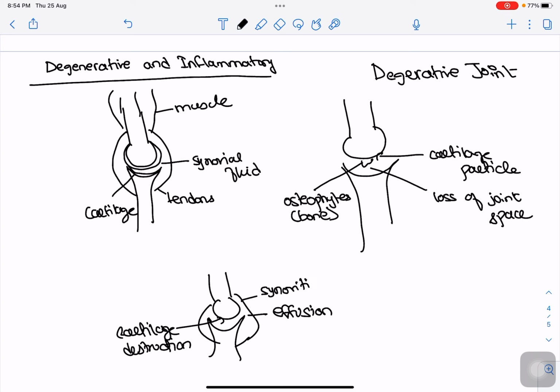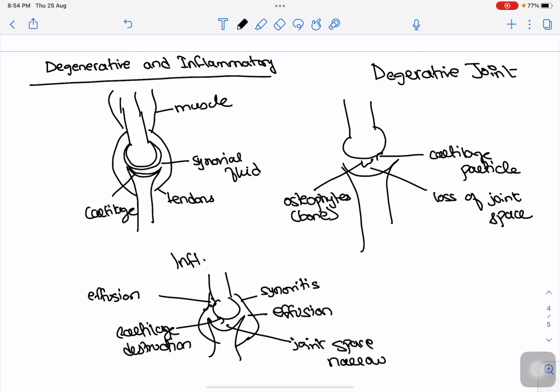Inflammation means itis, so there's synovitis, and along with that there is joint space narrowing. In the previous picture we saw loss of joint space, but in this picture we can see joint space narrowing. Along with that there is also an effusion. Effusion is an excess of synovial fluid which leads to swelling. So this is basically an idea of an inflammatory joint.